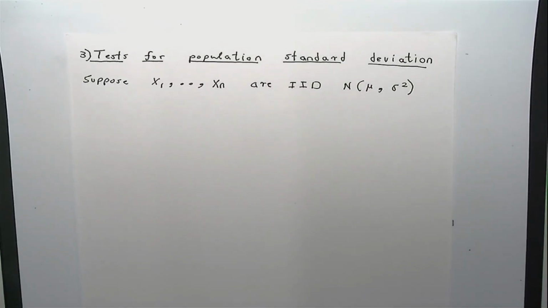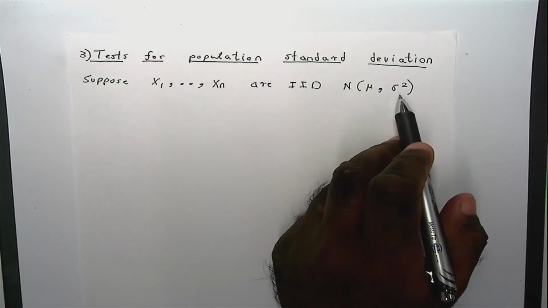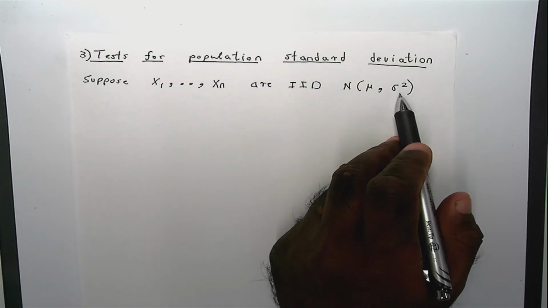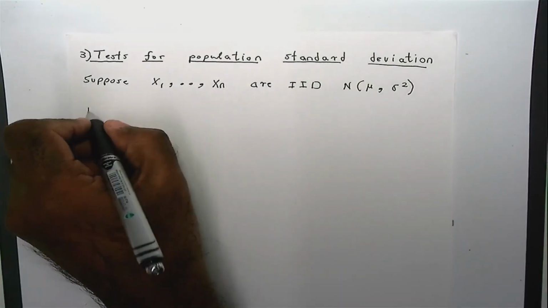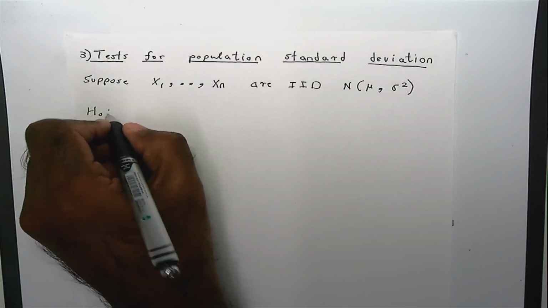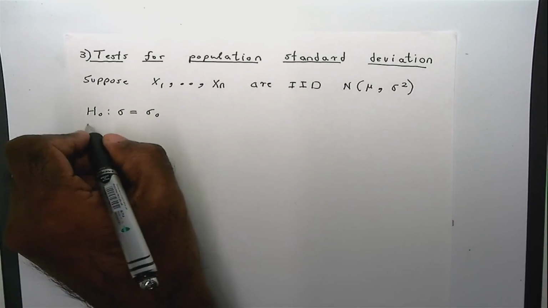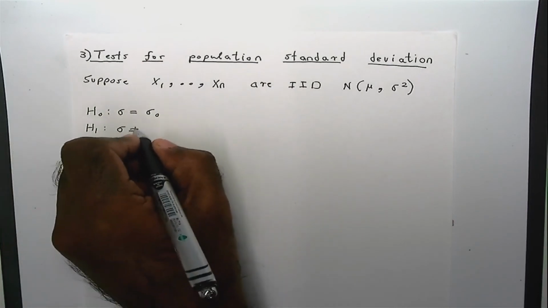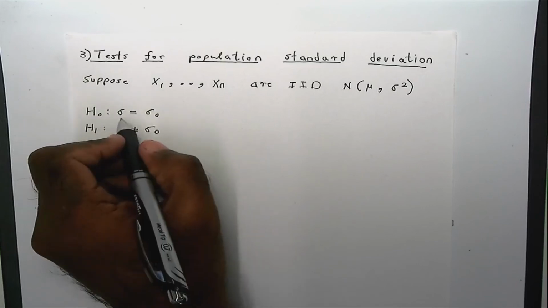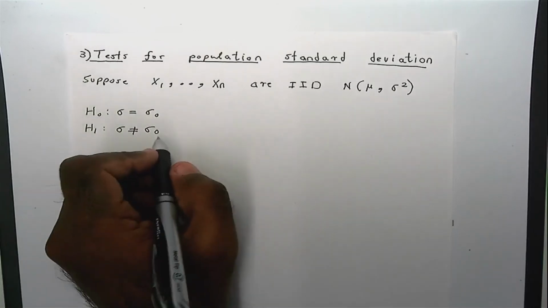So here I'm going to test for, remember sigma represents the population standard deviation and sigma squared represents the population variance. So the tests over here are going to be about sigma. Alright, so here we are testing that sigma is equal to a constant versus it's not equal to the constant.